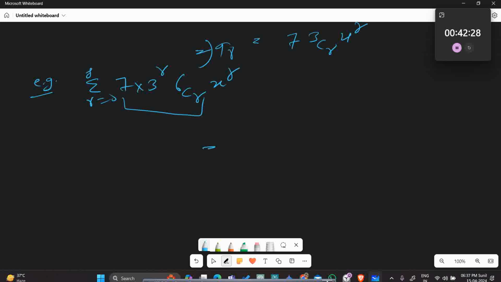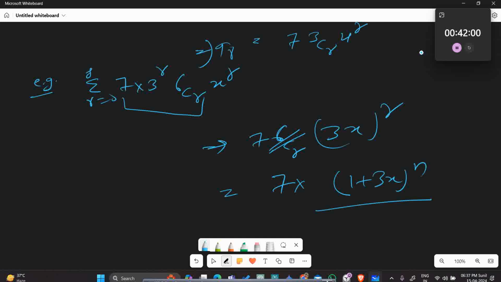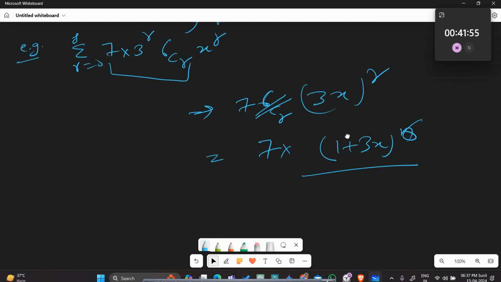Then it could be represented as 7 into 6Cr (3x) to the power r, by the formula. This is like 7 into (1 plus 3x) to the power n, where n here is 6.